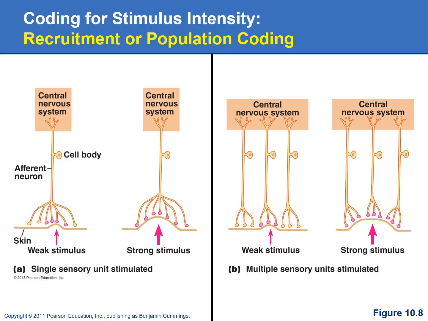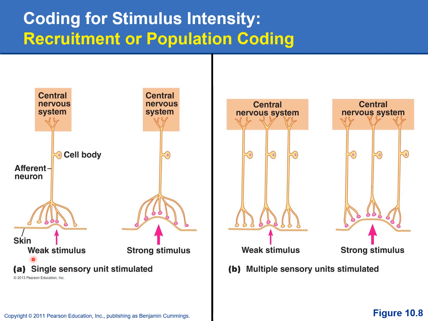The second way that we can code for the strength of a stimulus is by recruitment or population coding. So there's two ways we can do this. The first way involves just a single sensory neuron. So that's this picture over here on the left.